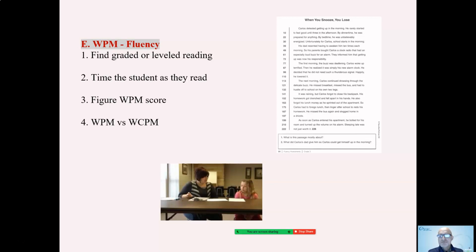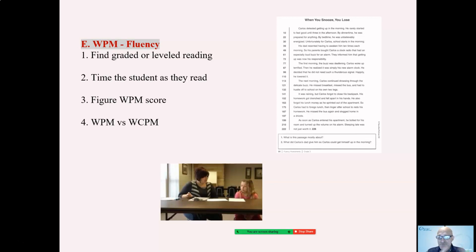Some use expression, but prosody, reading prosody is when reading orally, does the inflection and pauses sound similar to oral speaking? Notice how I'm pausing between sentences and ideas. My inflection goes up or down correctly. Questions, all right?